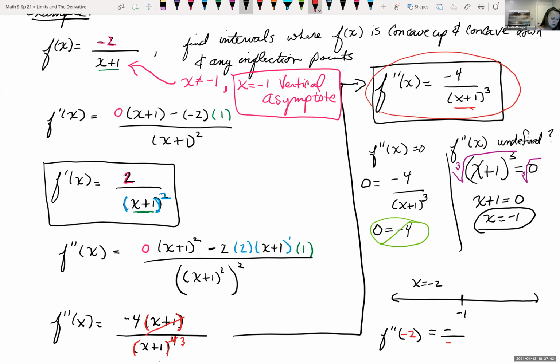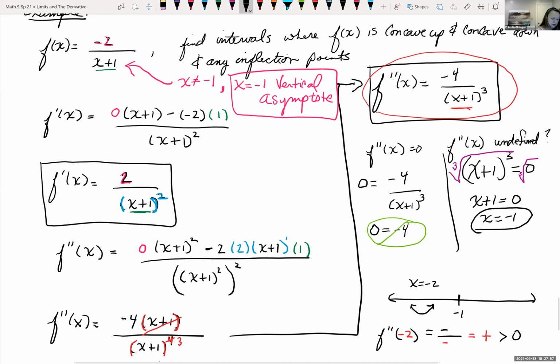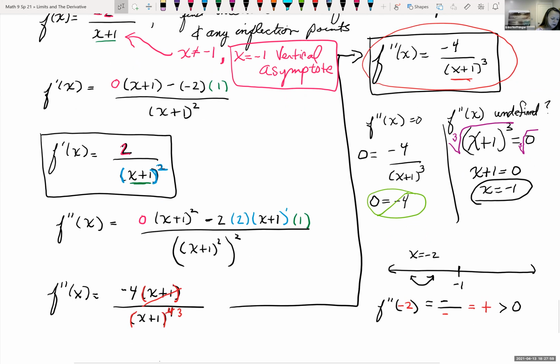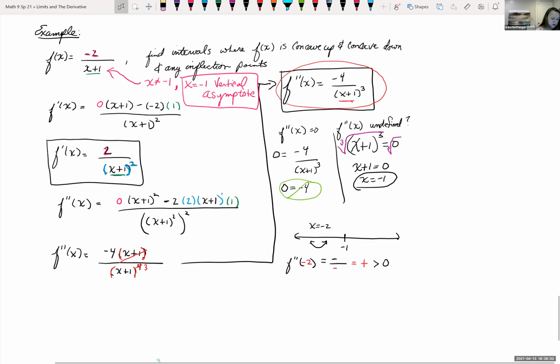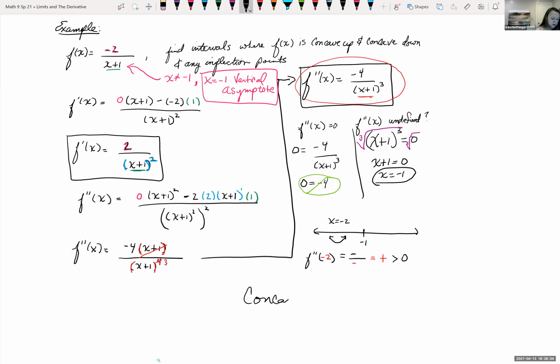So negative divided by negative is positive. So this is greater than 0. That tells me that it is concave up. So right now we have it's concave up from -infinity to -1.